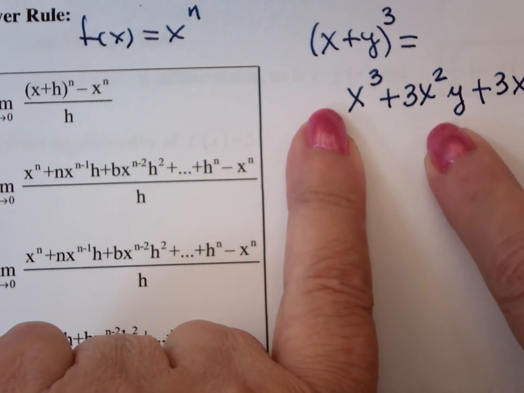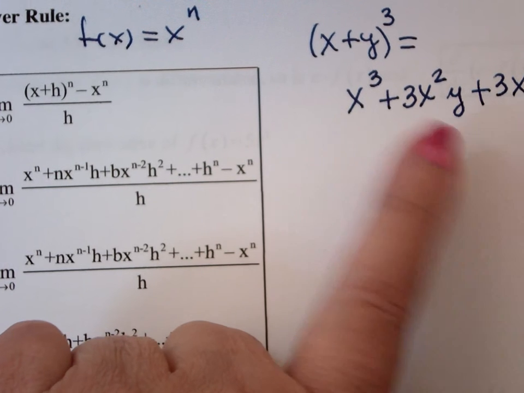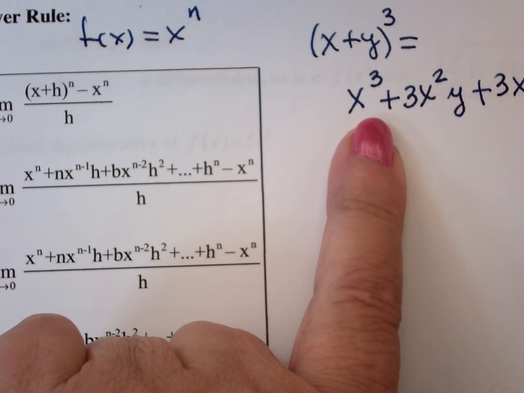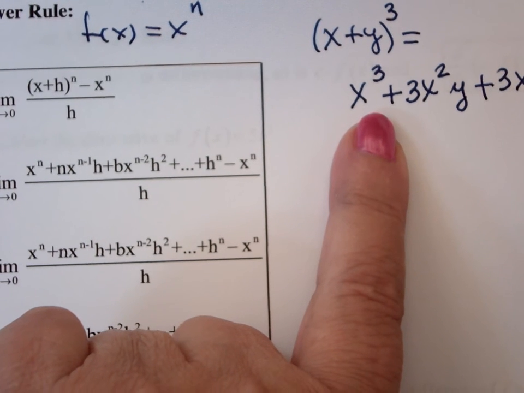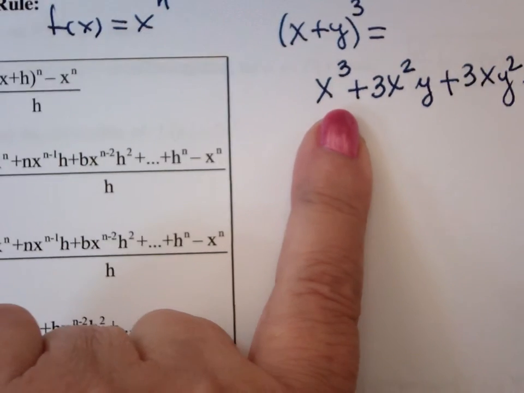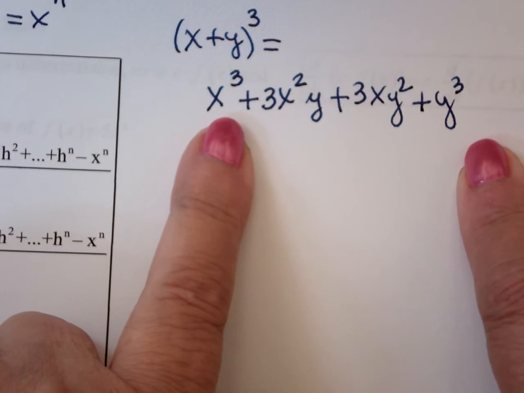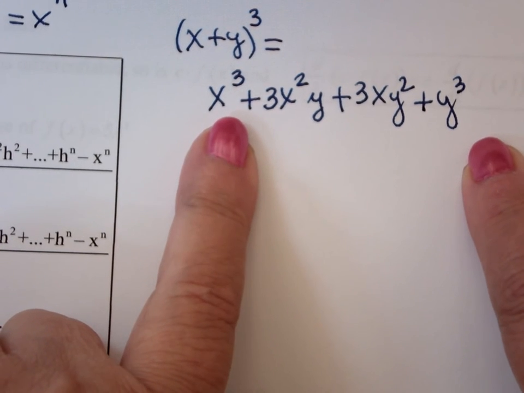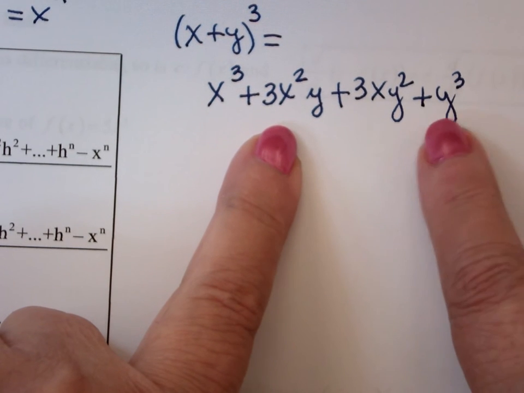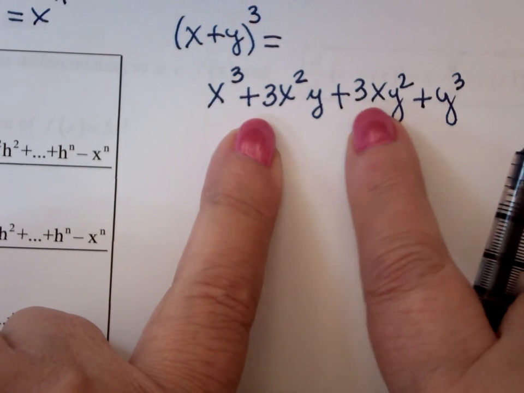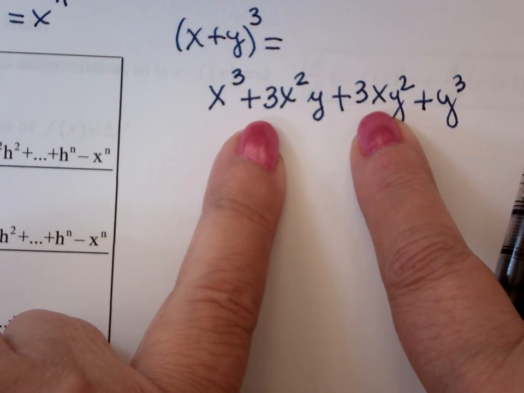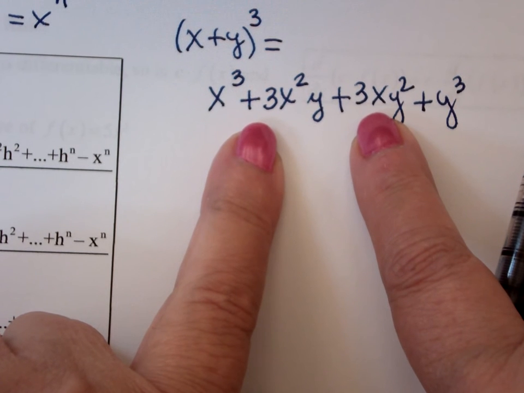X goes down a power for each term, y goes up a power for each term. That's how this works, whether it's to the third, fourth, fifth. The numbers in front of each term are called the binomial coefficients. And that's how this is going to operate.